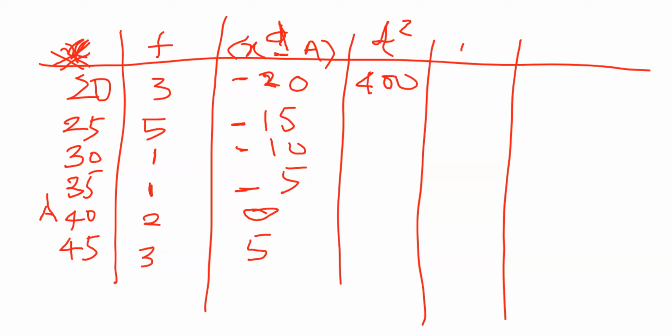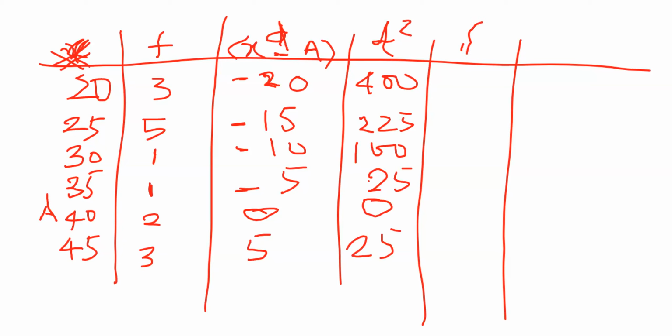Minus 15 squared will give us 225. 10 squared will give us 100. 5 squared will give us 25. 0 squared will be 0. 5 squared will be 25. I hope that is also settled. We're now going to have F times D. We're also going to have F times D squared.